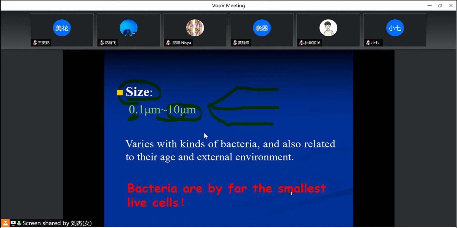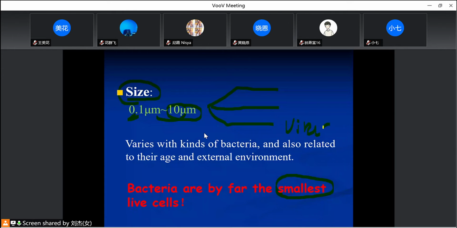Okay, so bacteria are the smallest living cells. Remember that they are the smallest. Maybe some students will argue, "Teacher, bacteria are not the smallest, because there are viruses." You know viruses, right?